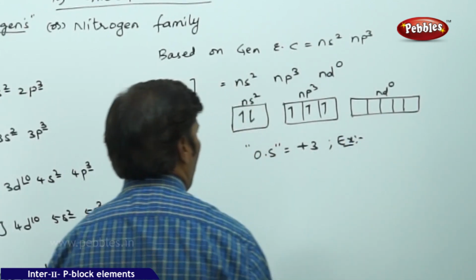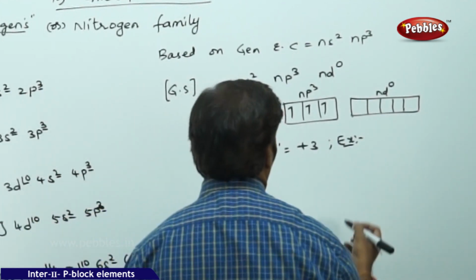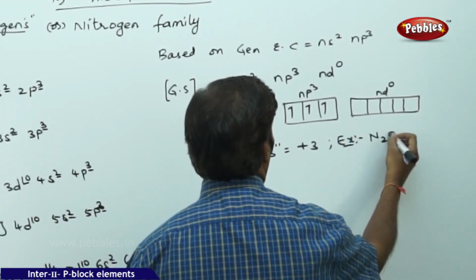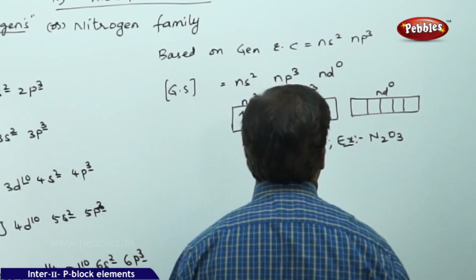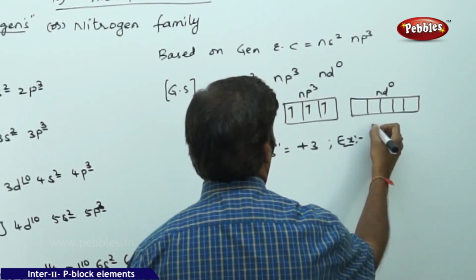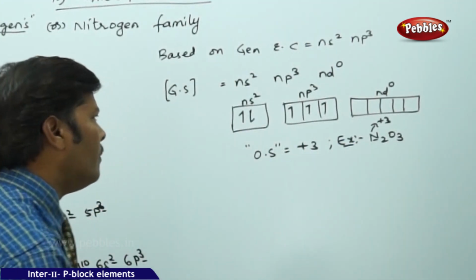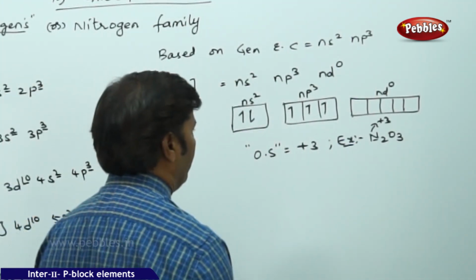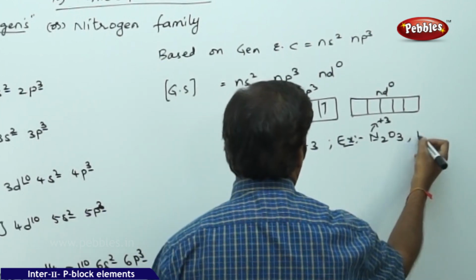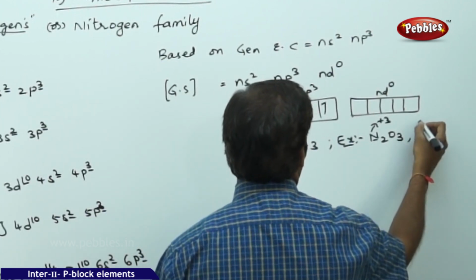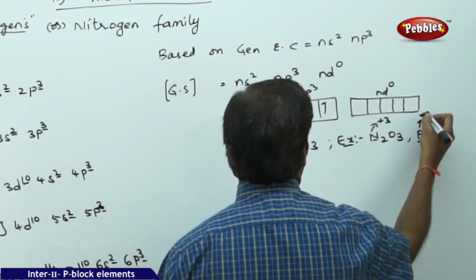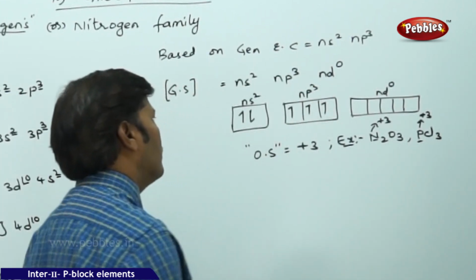You can take PCl3 also, which will also show plus 3 oxidation state. So this is in the ground state.